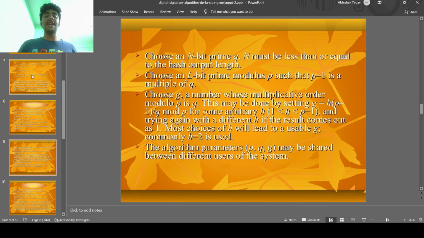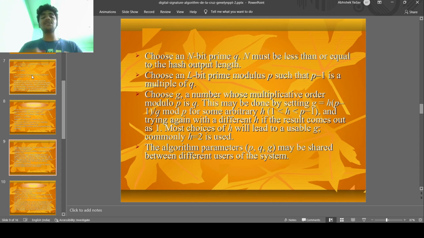After that, we choose an L-bit prime modulus p, such that p minus 1 is a multiple of q. After that, we choose g, a number whose multiplicative order modulo p is q. This may be done by setting g equal to h raised to (p minus 1) over q mod p for some arbitrary h, where h is greater than 1 and less than p minus 1, as seen in the previous slides, and trying again with a different h if the result comes out as 1.